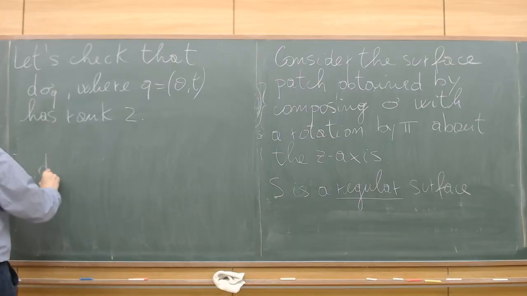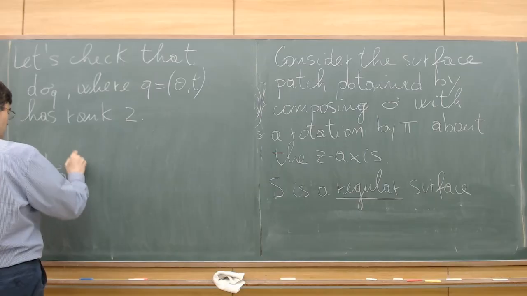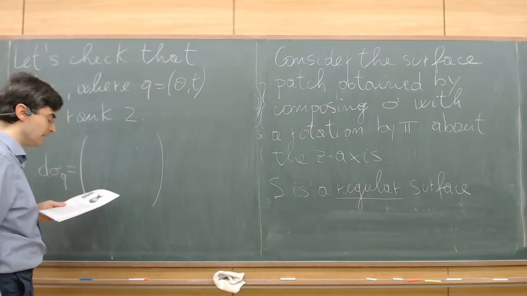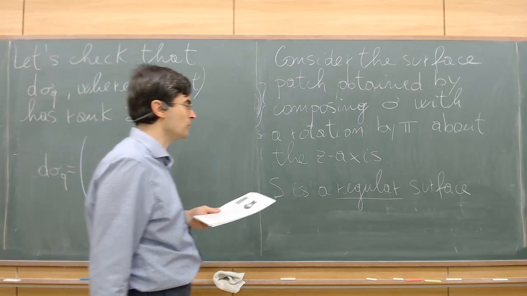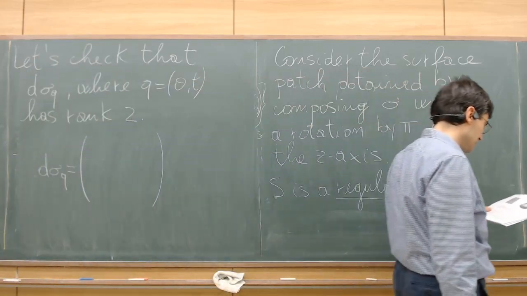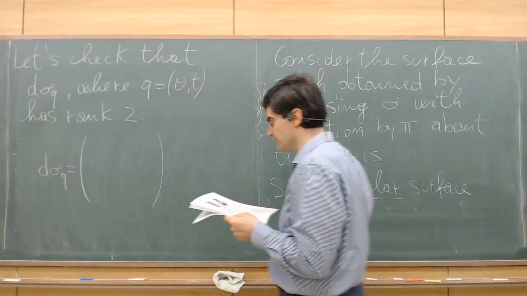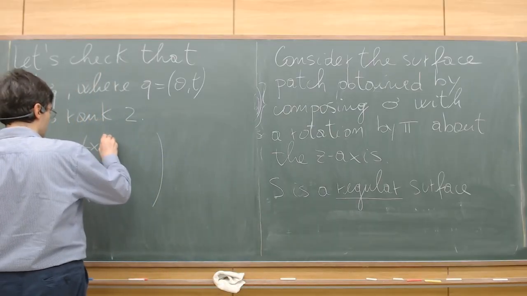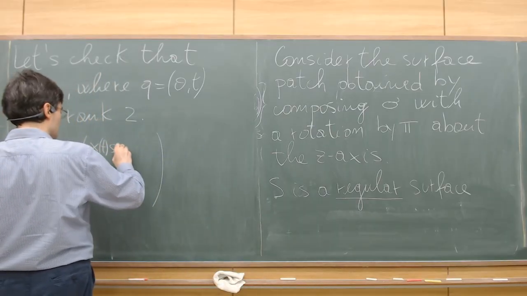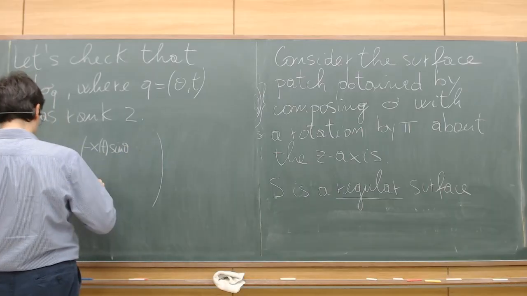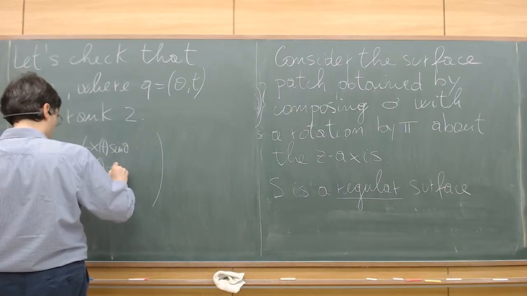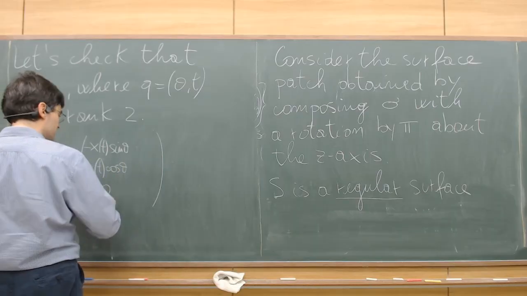Okay, so the matrix which represents the differential of sigma at q is a matrix whose columns are the derivatives of sigma with respect to theta and t, respectively. So we have minus x of t sine of theta, x of t cosine of theta, 0.